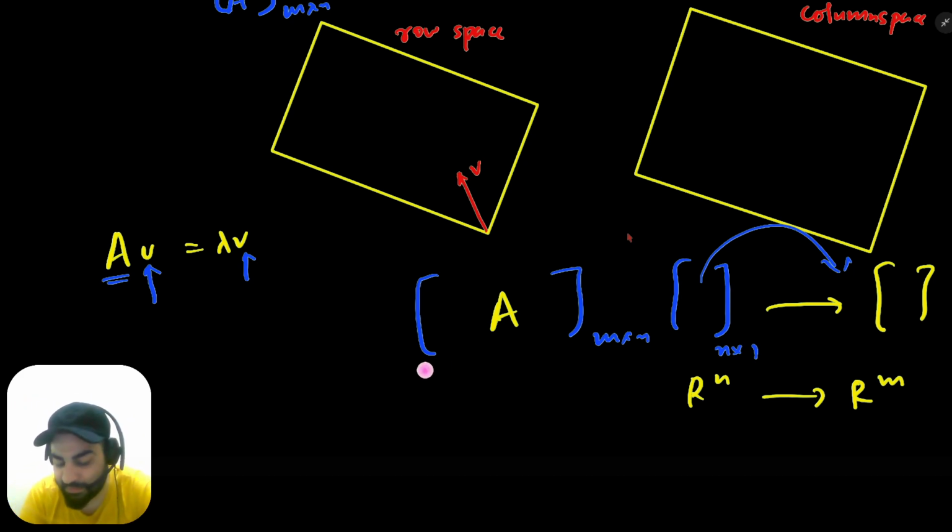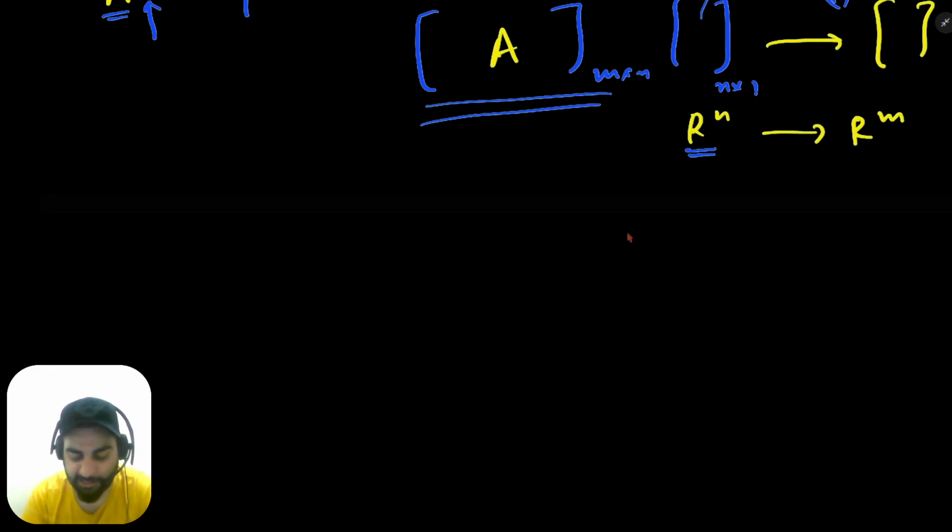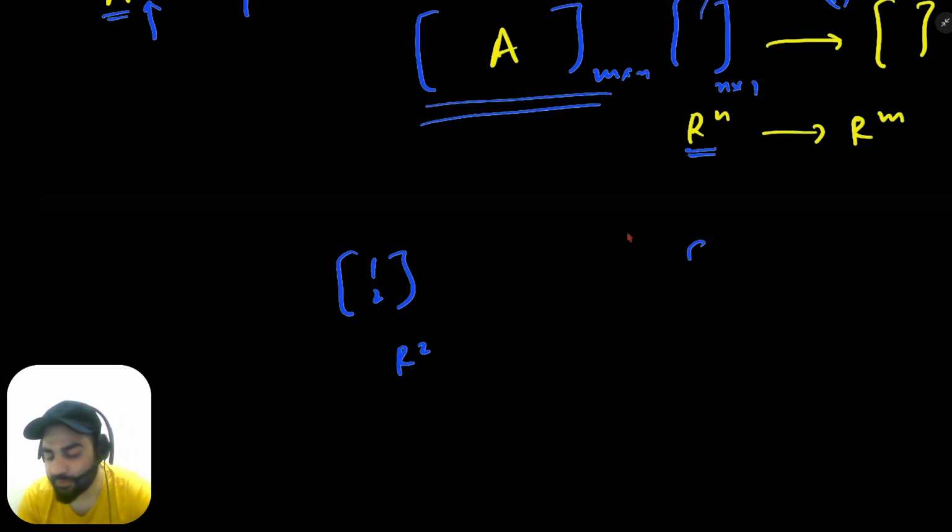But if you have a rectangular matrix, and you take a vector in Rn, it will be transformed to some other vector space. It's like saying I have a vector (1, 2), which lies in R2, and then I have a vector (1, 2, 0), which lies in a three-dimensional space.